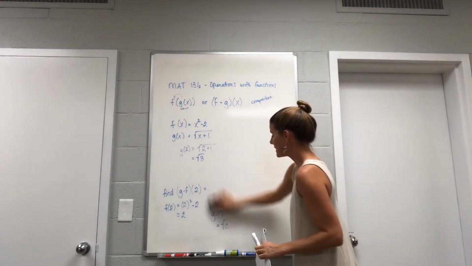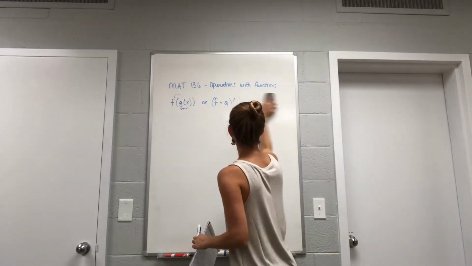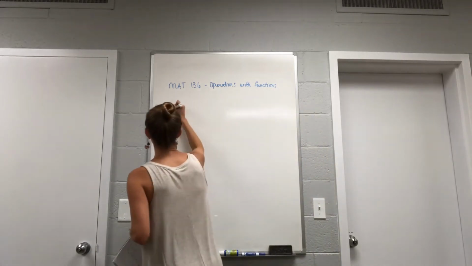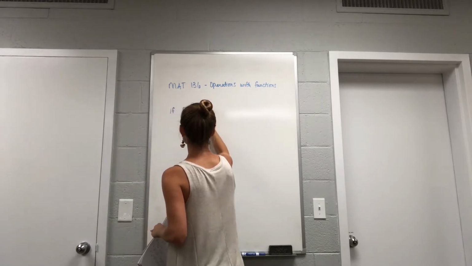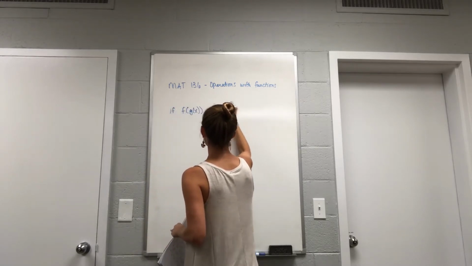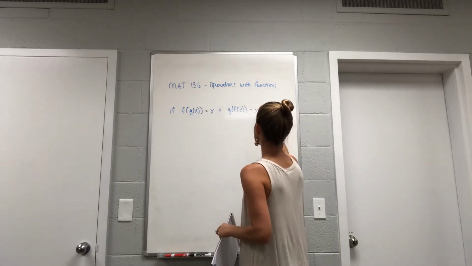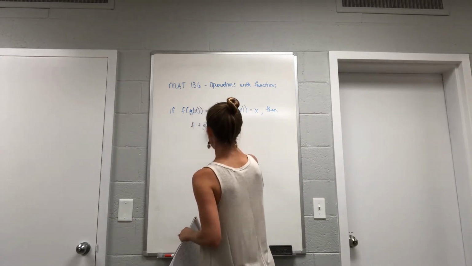All right, the last thing is finding whether two functions are inverses of one another. So if f of g of x equals x and g of f of x equals x, then f and g are inverses.